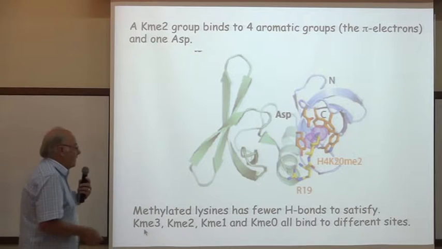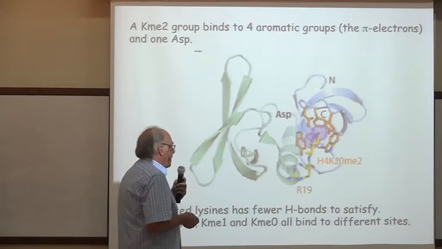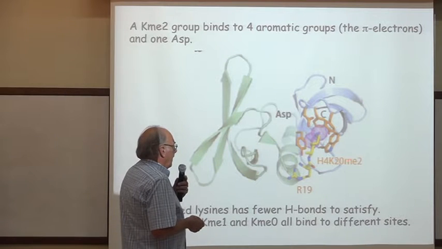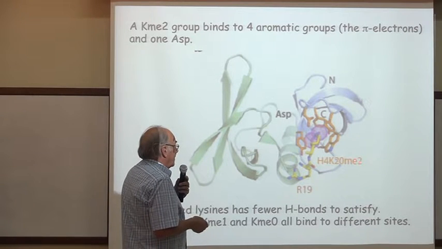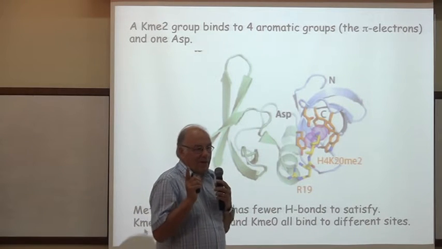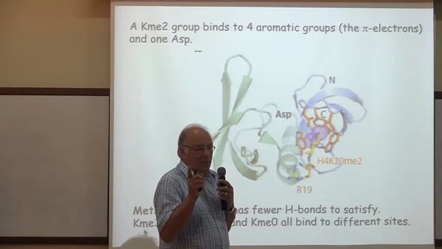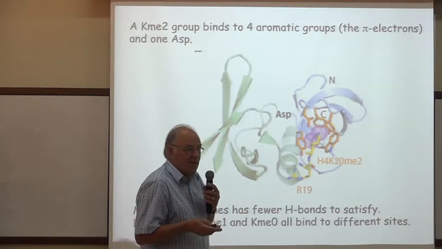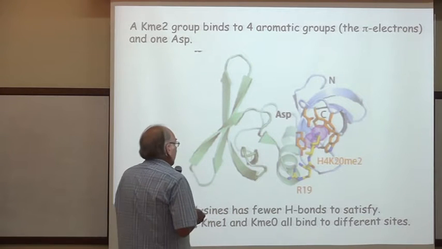This is another situation where we have a lysine on histone 4, lysine 20, which is doubly methylated. So this has 1 hydrogen left open. So only 2 methyl groups on the 3 positions. So it has the possibility to make a hydrogen bond.